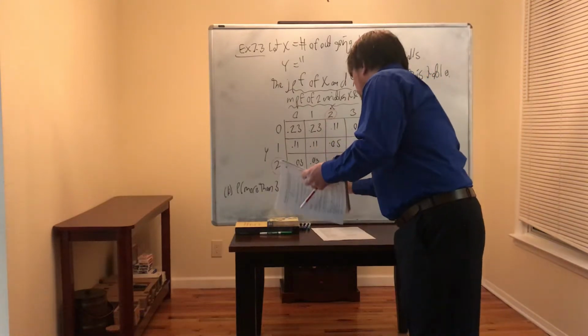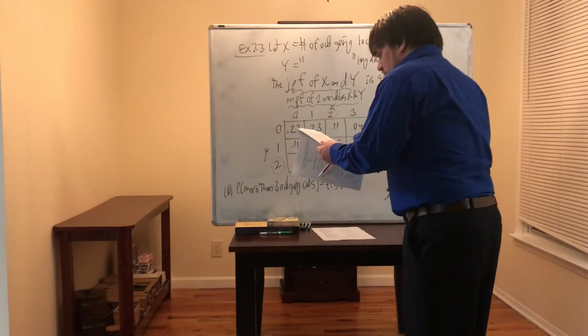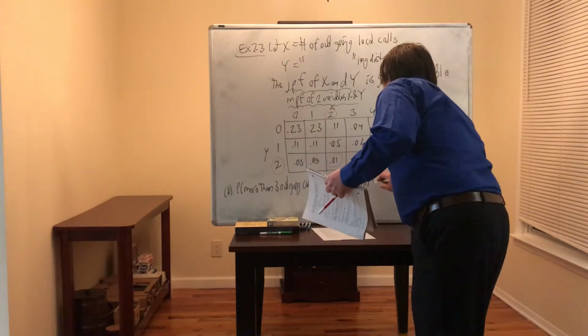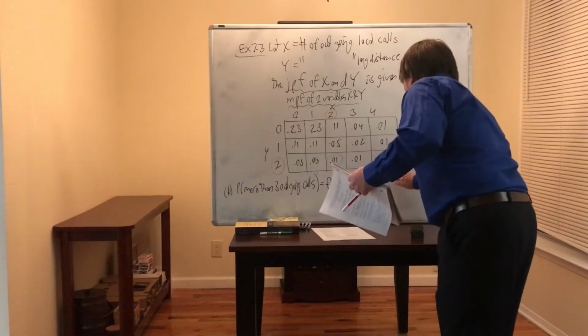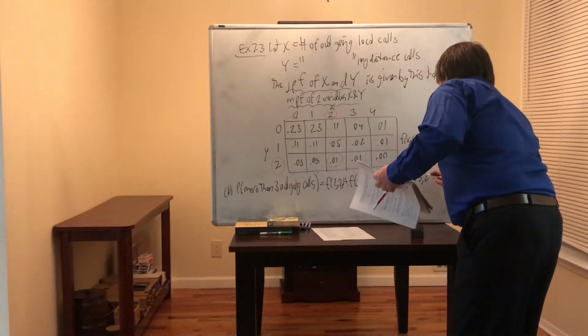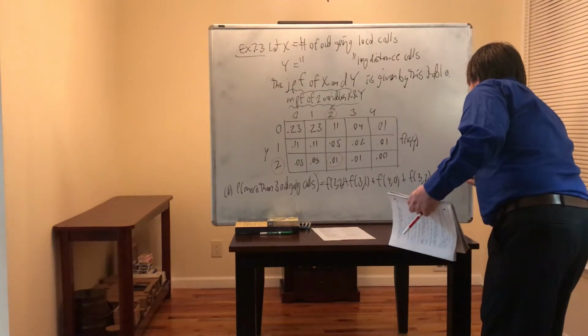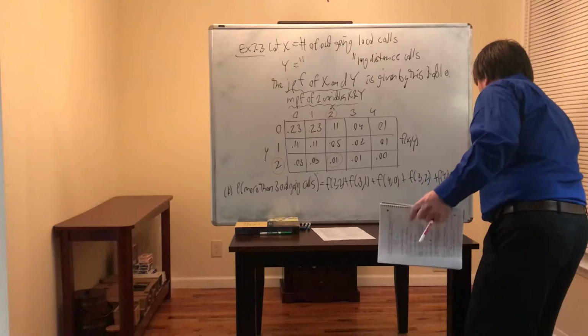And so this is going to equal f of 2 comma 2 plus f of 3 comma 1 plus f of 4 comma 0 plus f of 3 comma 2 plus f of 4 comma 1 plus f of 4 comma 2.